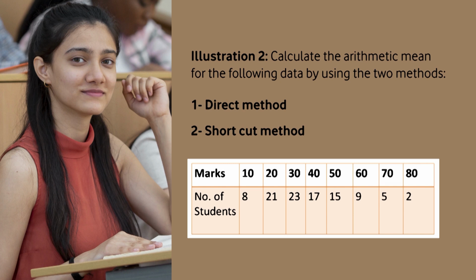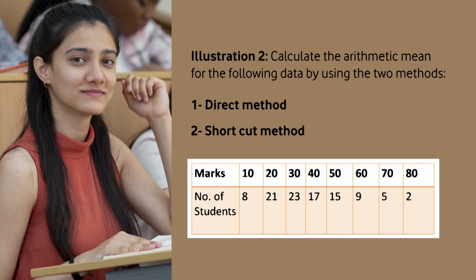There are 21 students who have scored 20 marks. There are 23 students who have scored 30 marks. There are 17 students who have scored 40 marks. There are 15 students who have scored 50 marks, and there are 9 with the score of 60, 5 with the score of 70 and 2 with the score of 80.